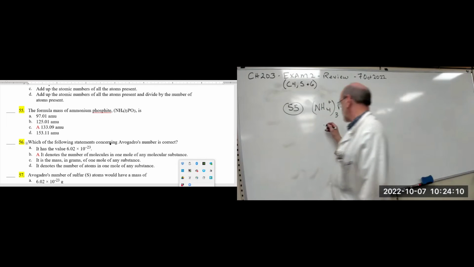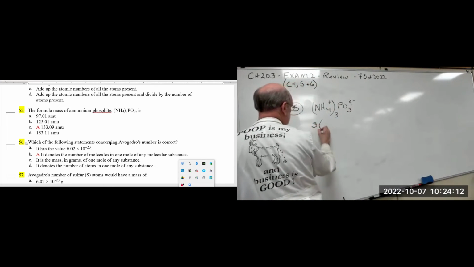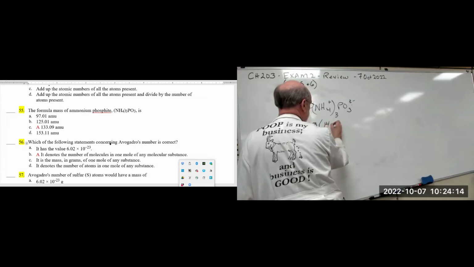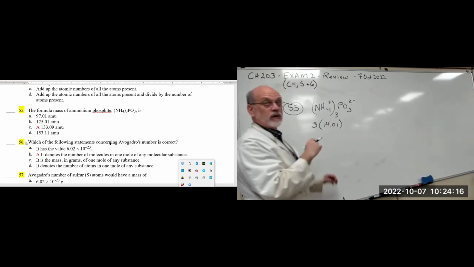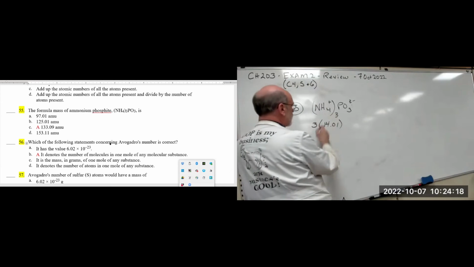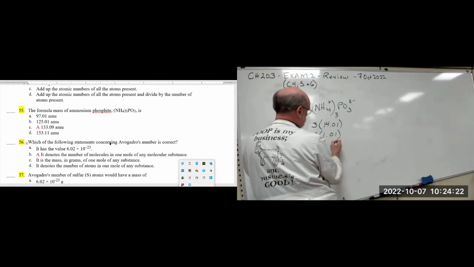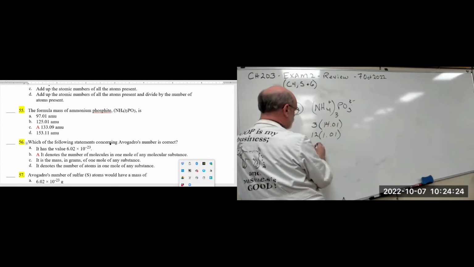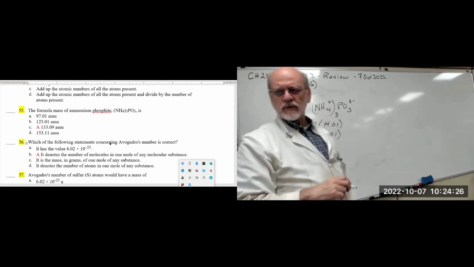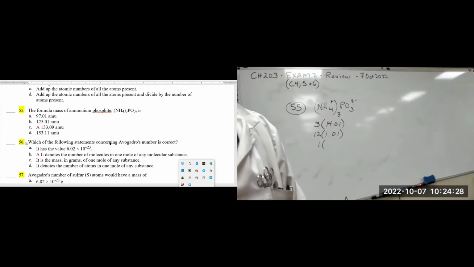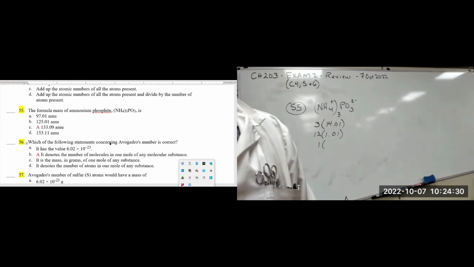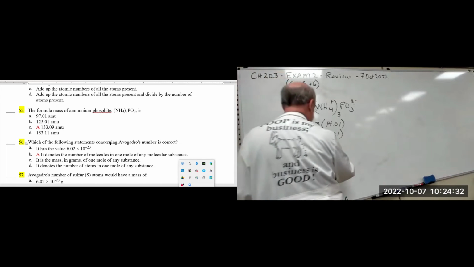So you have 3 nitrogens at 14.01 grams per mole. You have 12 hydrogens at 1.01. Now you have 1 phosphorus. I have to look that one up. 30.97.